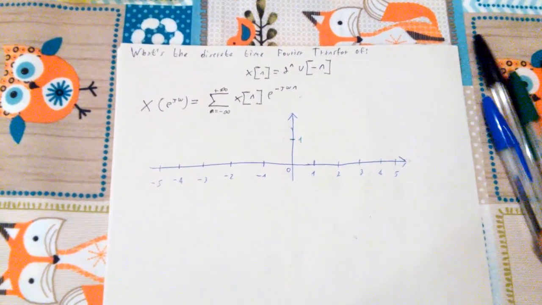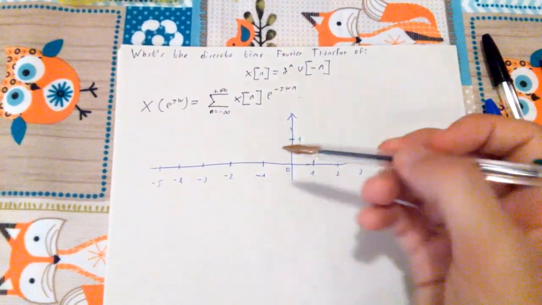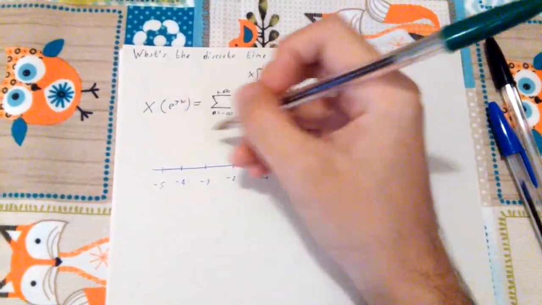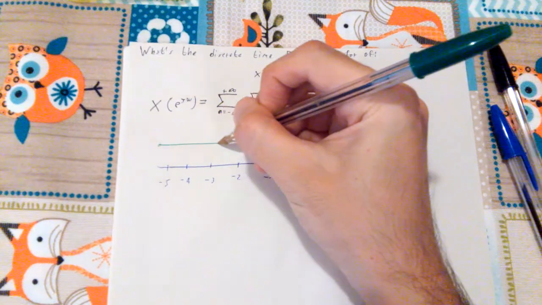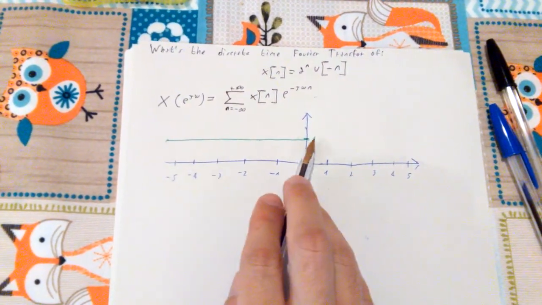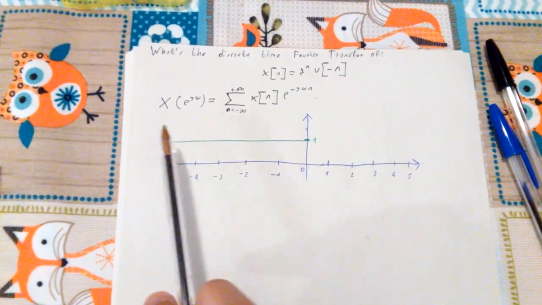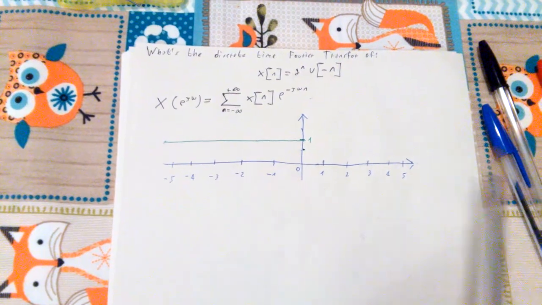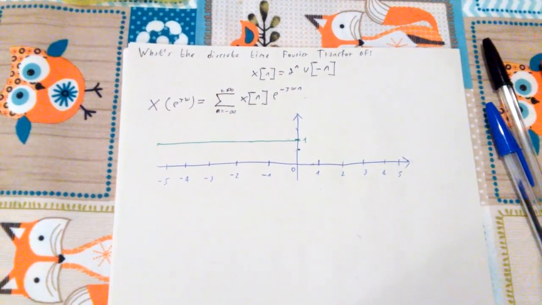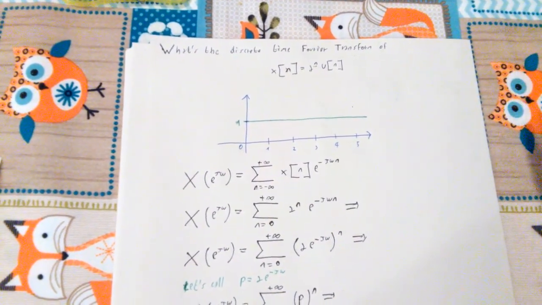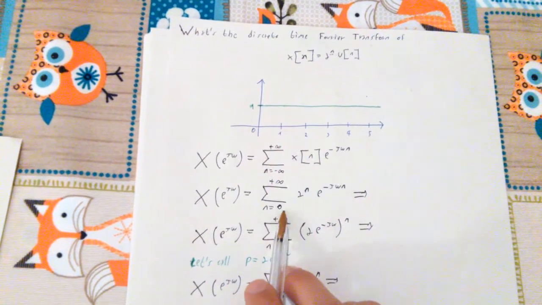So instead of going this direction, we're coming from this other direction. So we are essentially coming from here and going to 1, and staying at 1. So we're coming from negative infinity to 0 and staying constant at 1. What does it mean?